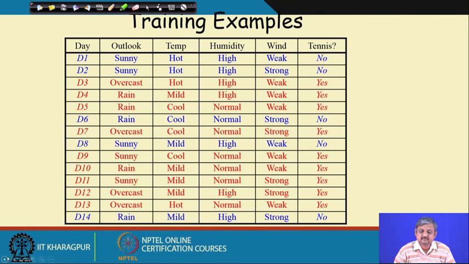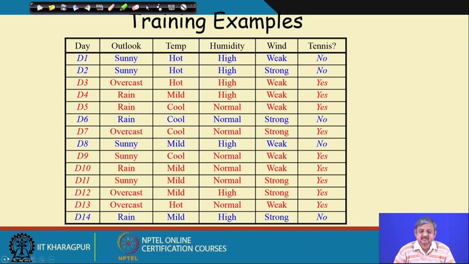What is the temperature of the day? Again, I do not write numerical values, but I just qualitatively describe it as hot or cool or mild. The humidity of the day, which again takes some value high or normal or low maybe, and the wind condition, which is weak or strong. Okay.